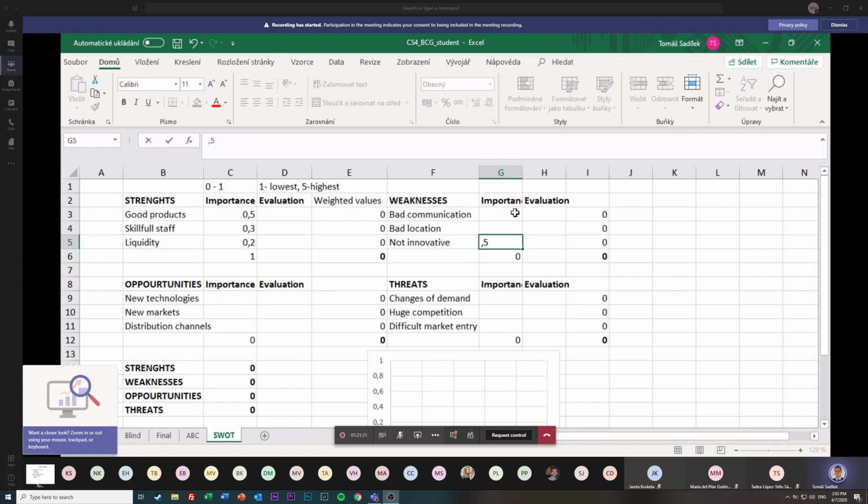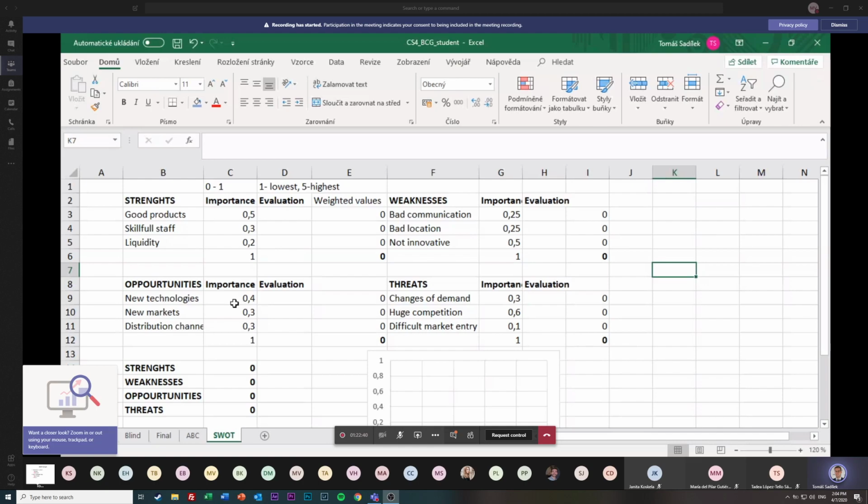When doing this kind of analysis on your own with importance and evaluation, it's very good if you have the same number of factors for strengths and weaknesses, like 3 here and 3 here, and also the same number for opportunities and threats. You will see the reason in a minute, but there could be a different number for strengths and opportunities. For instance, 3 for strengths and weaknesses and 5 for opportunities and threats. This is okay. That's not a problem. But if you have different numbers, then the results are not 100% comparable.